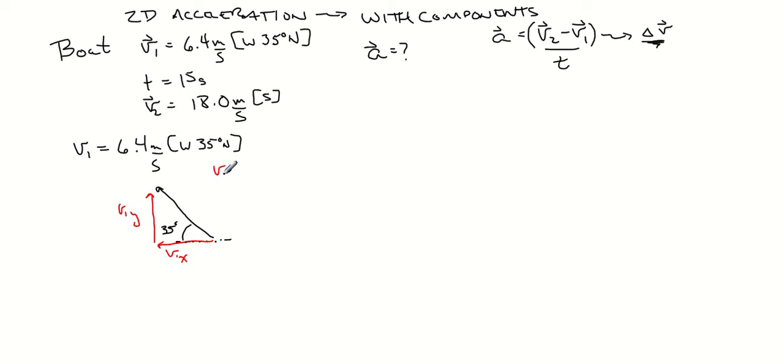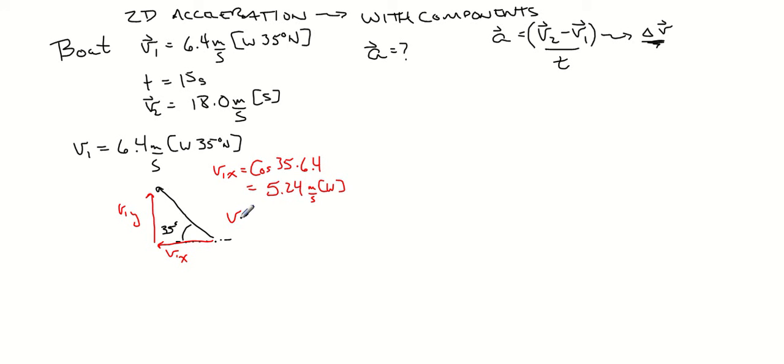Let's solve for those. So if we have v1x, that will be equal to cos 35 times 6.4, which is equal to 5.24 meters per second, and that's west.